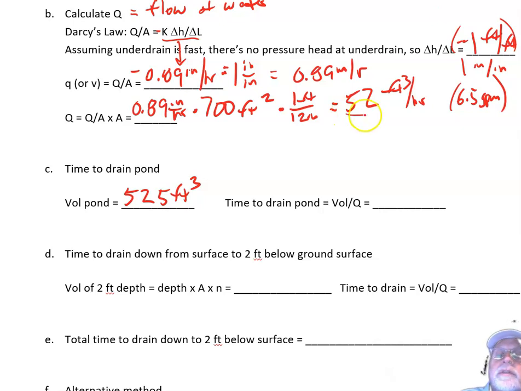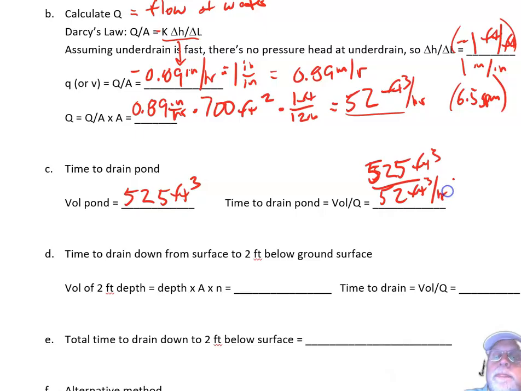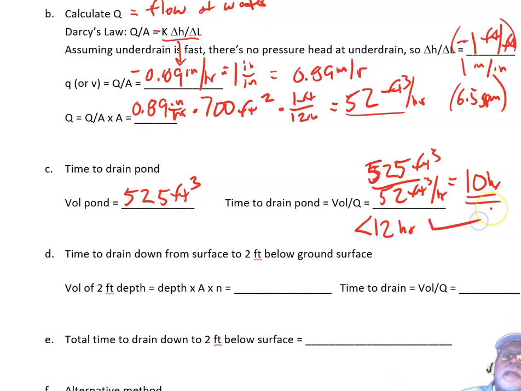This is how fast it's draining. So its time is 525 cubic feet divided by 52 cubic feet per hour, equals right about 10 hours. Remember, we said we need to drain it in less than 12 hours. So we got that. That's good.